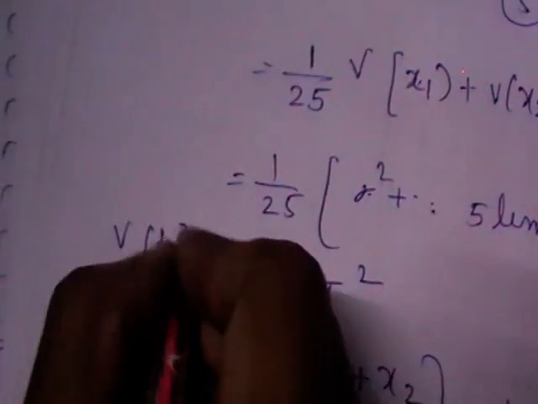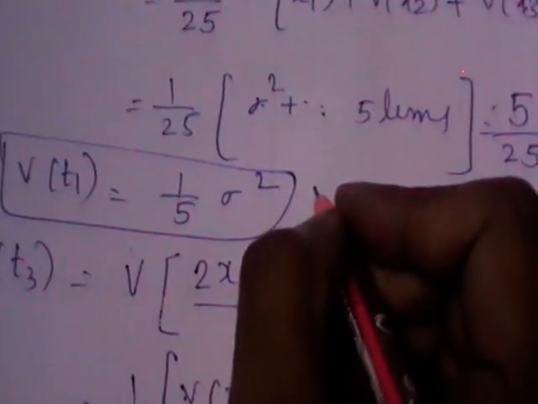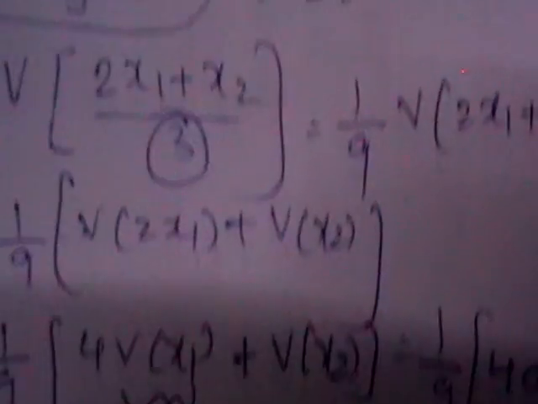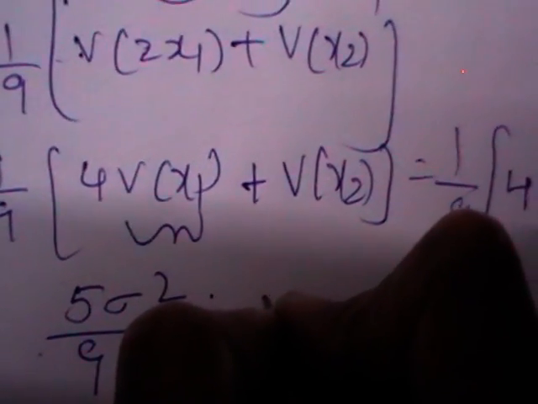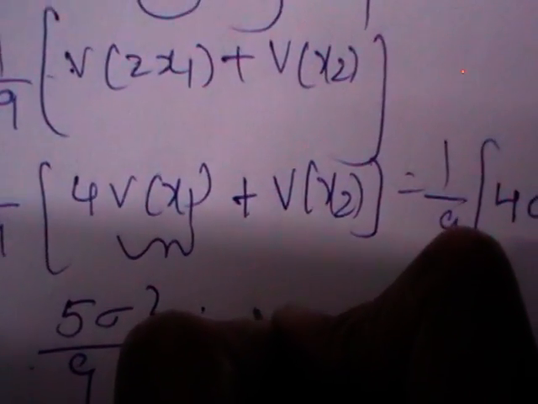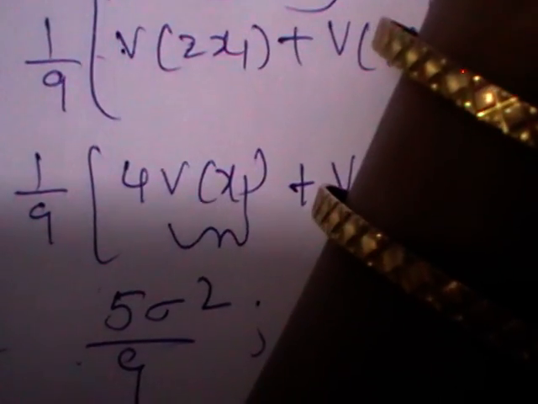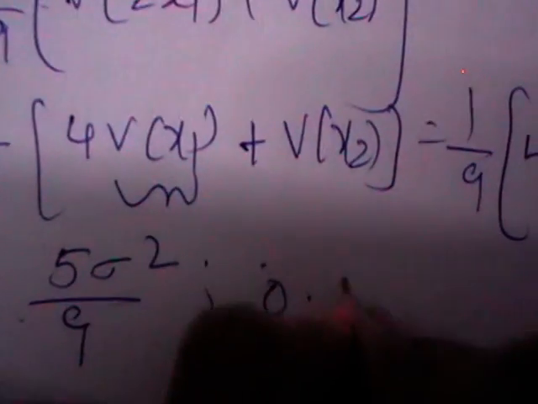So to compare variances, what is the variance of T1? You got 1 by 5 sigma square. Let us convert this 1 by 5 into decimals. 1 by 5 is 0.2. What is 5 by 9? 5 by 9 is approximately 0.5.